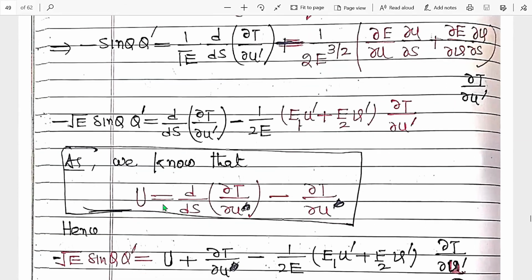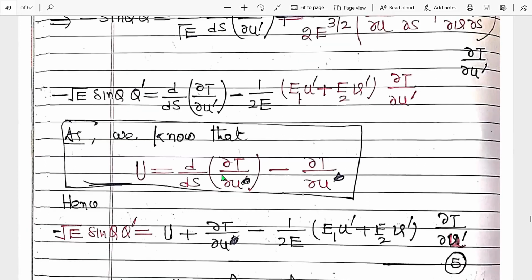Again, we know that capital U is equal to d by ds of curly T by curly u dash minus curly T by curly u. This is u dash, right? Now from this formula, we can find this value. The value of d by ds of curly T by curly u dash is equal to capital U plus curly T by curly u.